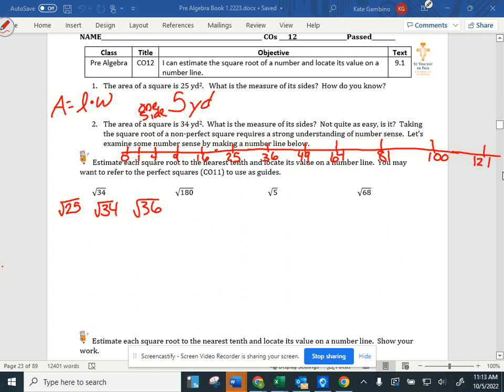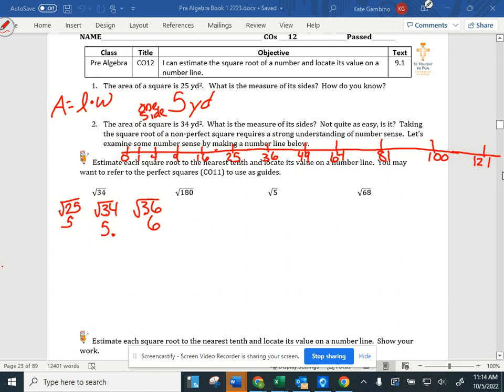So is it gonna be closer to 5 or closer to 6? 6, because we know that the square root of 25 is 5, the square root of 36 is 6. 34 is closer to 36 than it is to 25. So it's going to be a 5 point something because we're not all the way up to the 6. It's going to be close to 6.